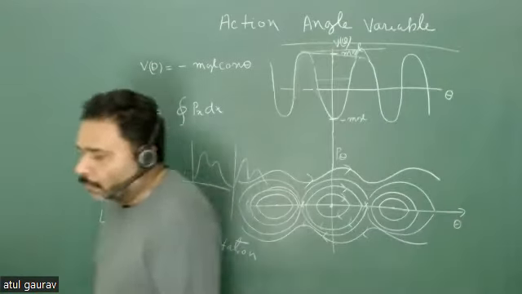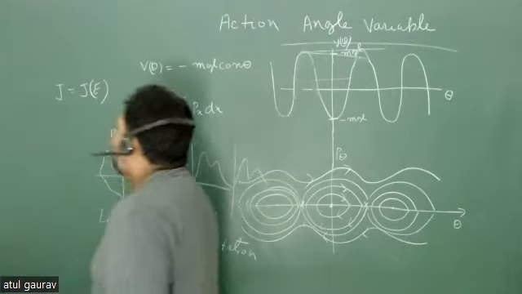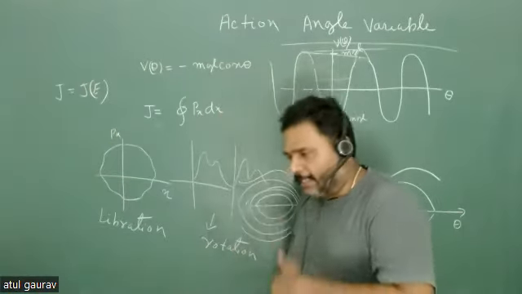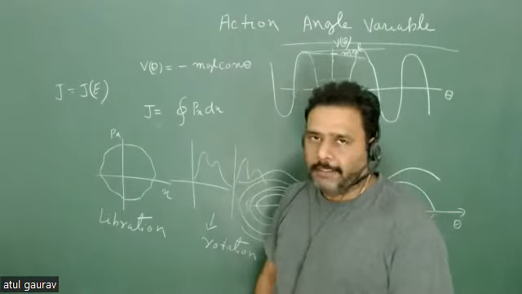So let's use this to find the time period or frequency of any periodic motion. It may be oscillatory, it may not be oscillatory, nothing to worry about. And you will find that if I write this action angle variable as a function of energy, then we can easily find my period or frequency of oscillation.